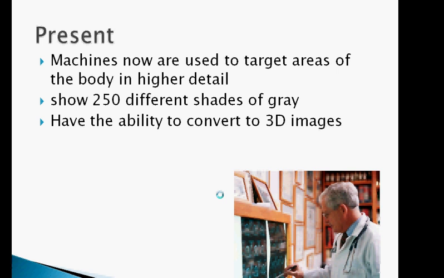So we are able to distinguish between normal and diseased tissues precisely and pinpoint cancerous cells within the body. Compared to the CT scan, the MRI provides a greater contrast between the soft tissues of the body. And we also have the ability now to convert MRI images into 3D imaging.